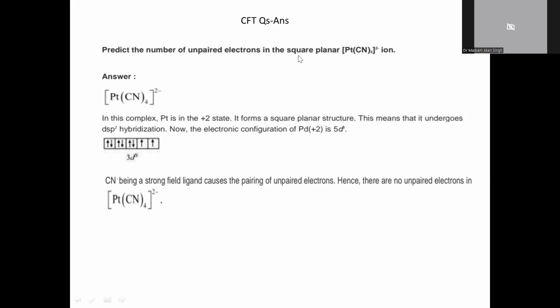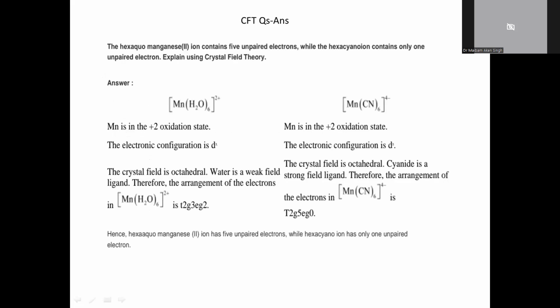The electrons are paired, so there is pairing of the unpaired electrons. Hence there is no unpaired electron; the number of unpaired electrons is zero.